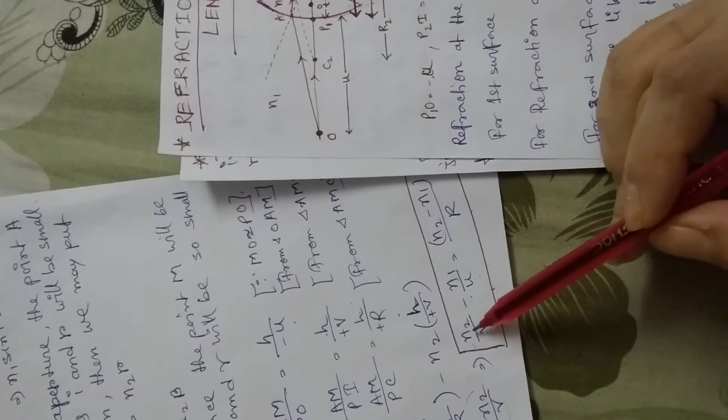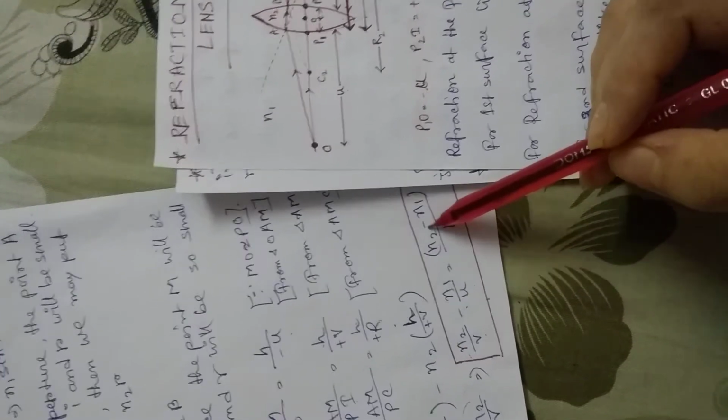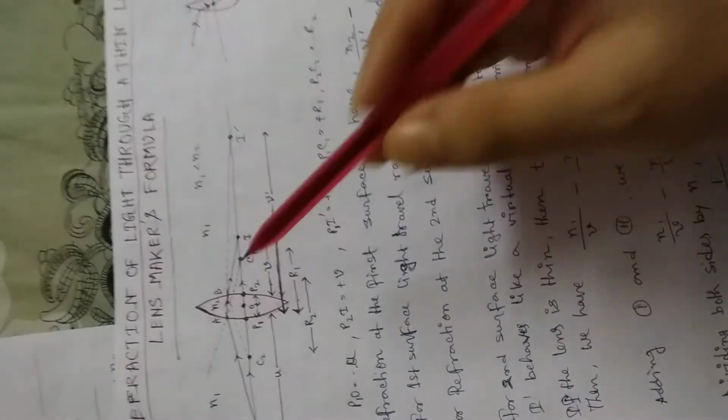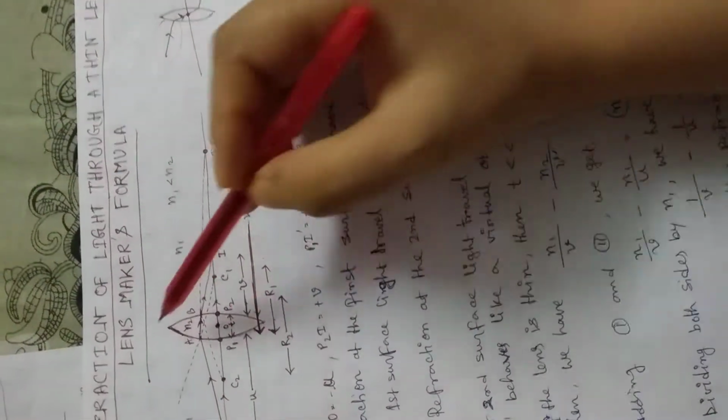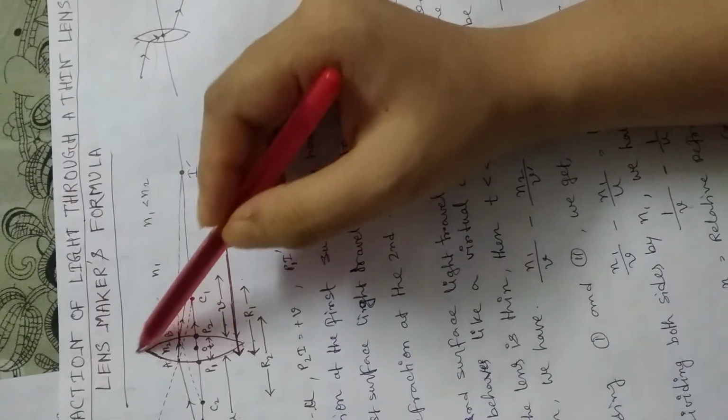Then the equation will be N1 by V minus N2 by U equals N1 minus N2 by R. Okay, so just look here for the second surface. The second surface behaves like a convex surface, right?